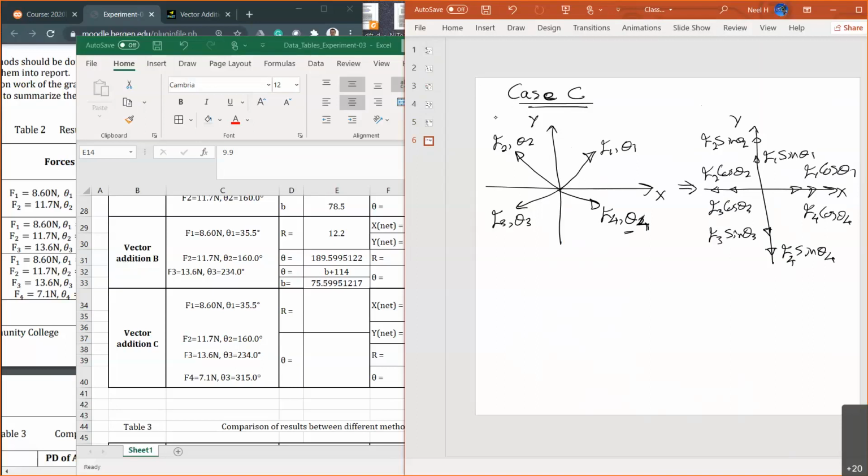Now you have 4 components on each axis, so again the same process.